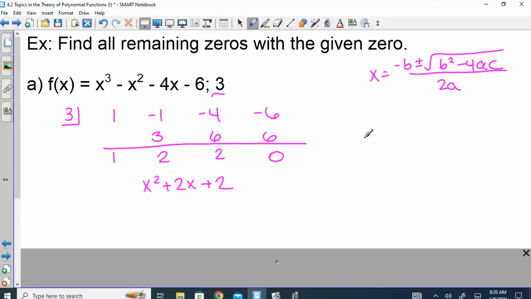If we do that, we get x equals the opposite of b, so negative 2, plus or minus the square root of b squared, so 2 squared, minus 4 times 1 times 2, over 2 times 1. So I get 4 minus 8.